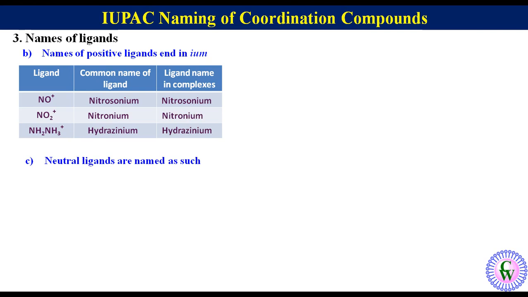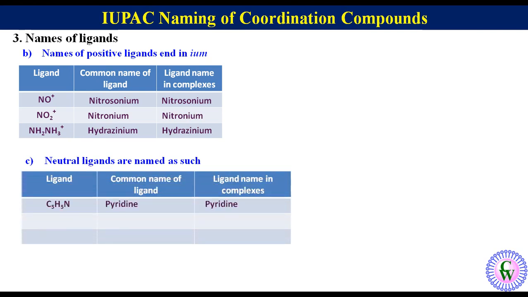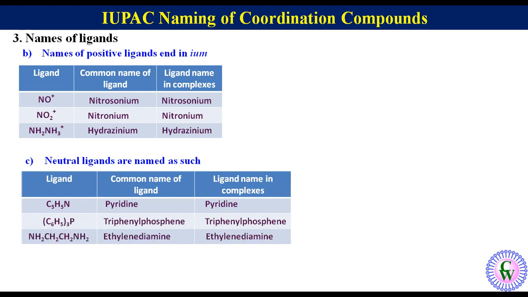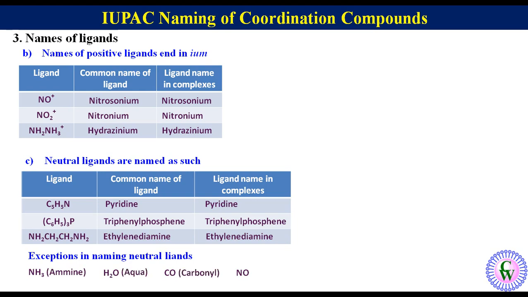Neutral ligands are named as such, for example, pyridine, triphenylphosphine, and ethylenediamine. However, there are a few exceptions. For example, NH3, H2O, CO, and NO, which are named as ammine, aqua, carbonyl, and nitrosyl respectively.